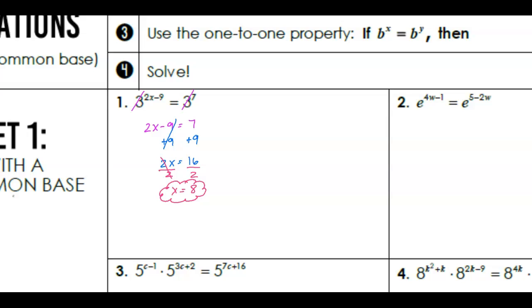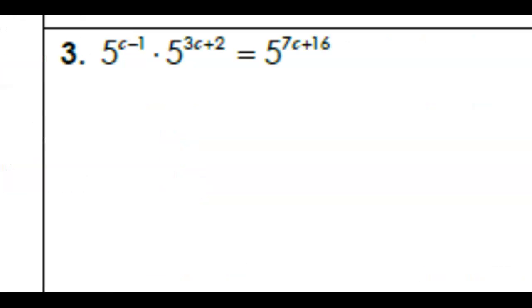You guys try number 2. What makes 3 a little bit more tricky? There are 2 exponential functions on the left-hand side. Now remember, the rules are the same, but exponential is the opposite of log.